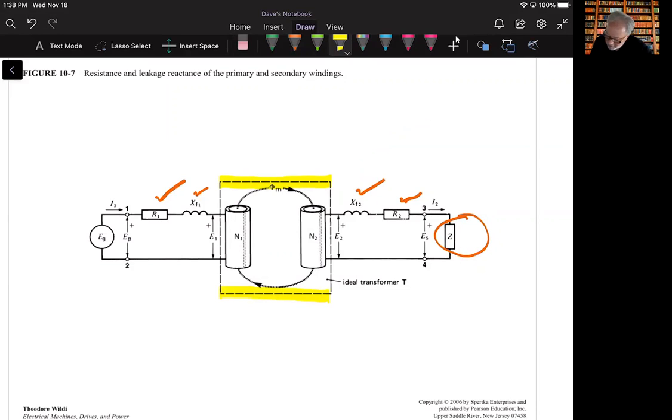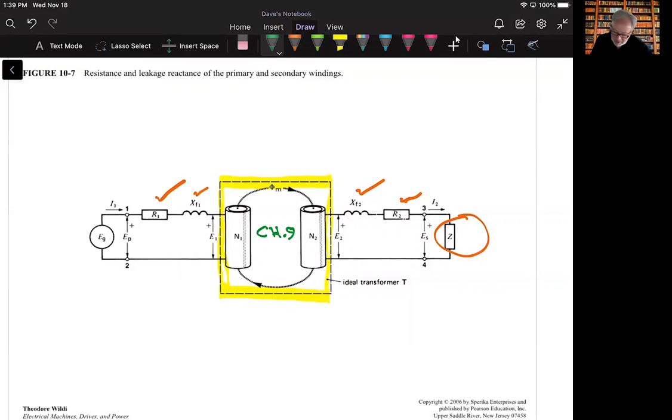So I've got this cool iPad and I'm going to use it, and that would be everything in there. When you think about this in those terms, this is chapter 9, and chapter 10 adds all these additional elements. This ideal transformer possesses the same properties and rules that we looked at.